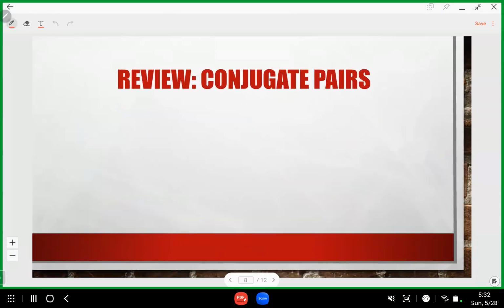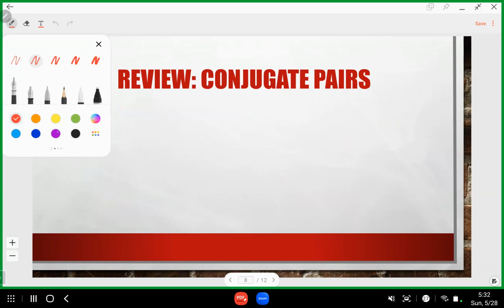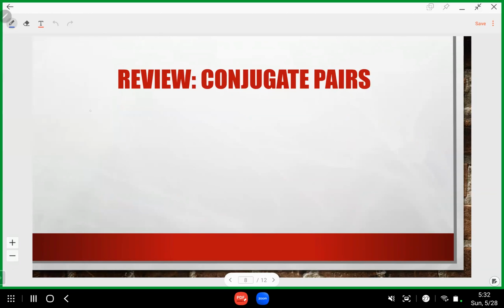Okay, so conjugate pairs. This was quite important earlier when we did the homework. This says if a plus bi is a root, a minus bi is also a root.